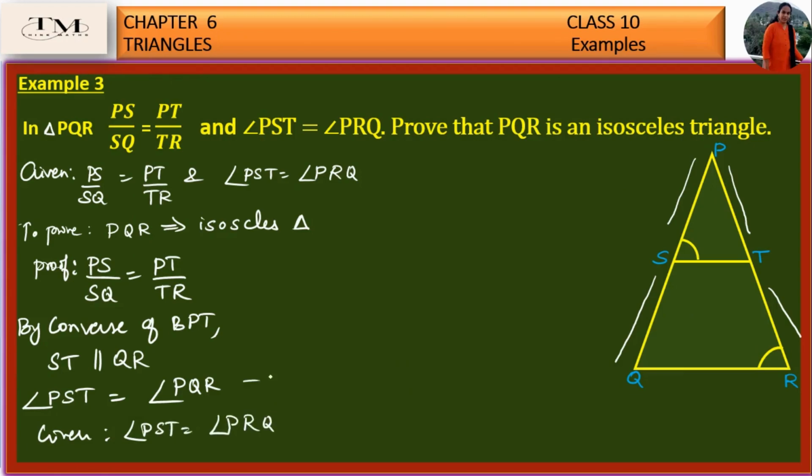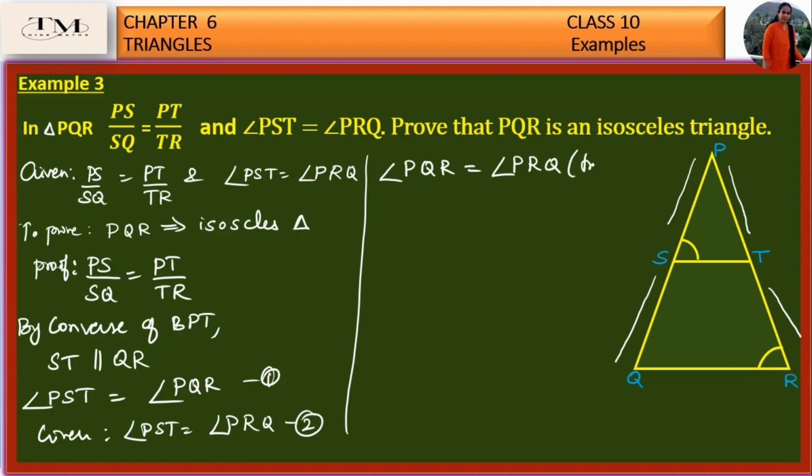So when you compare 1 and 2, on the left hand side we have angle PST. Then RHS will be automatically equal. So that is angle PQR will be equal to angle PRQ from 1 and 2. Okay. So we have these two angles are equal.